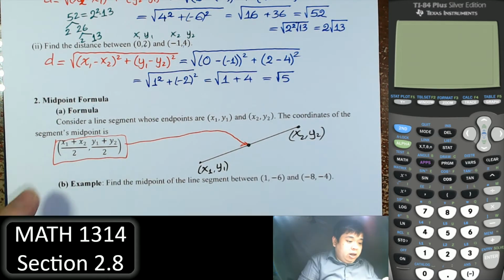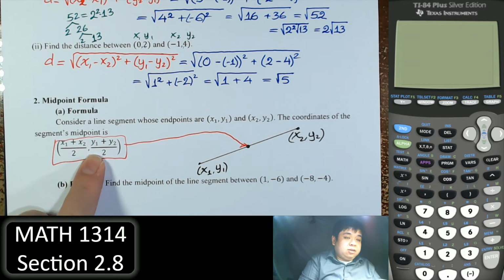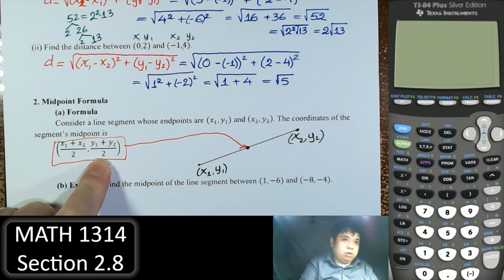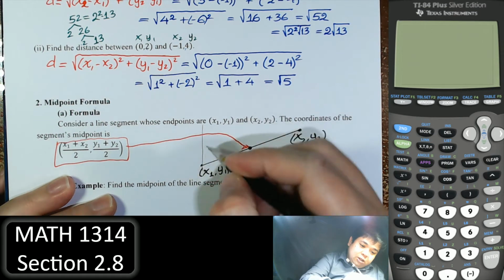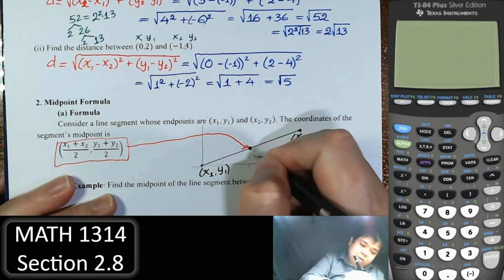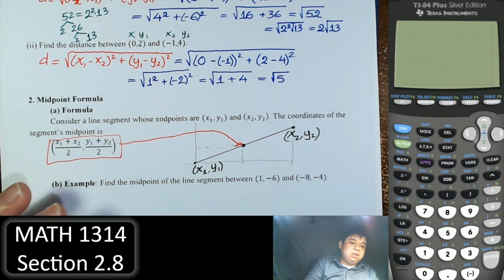So pretty much we take the average of the x for the x coordinate and the average of the y for the y coordinate.